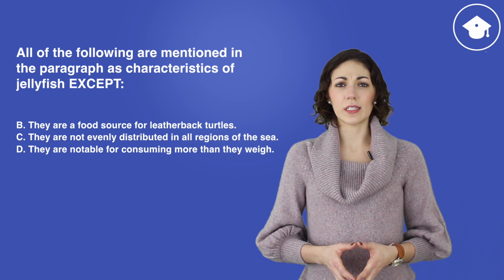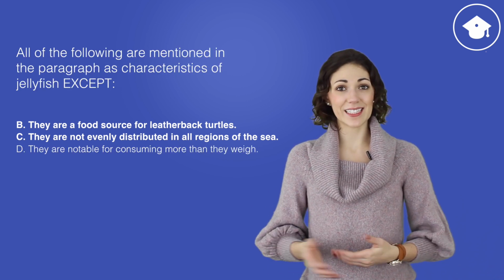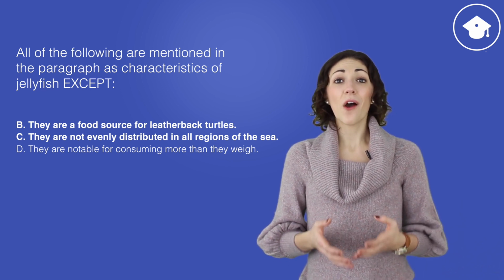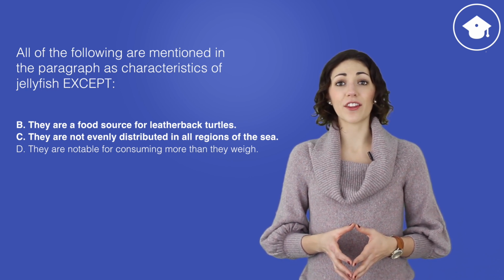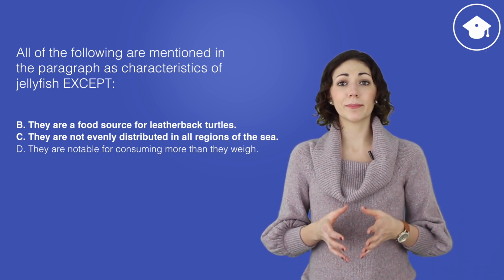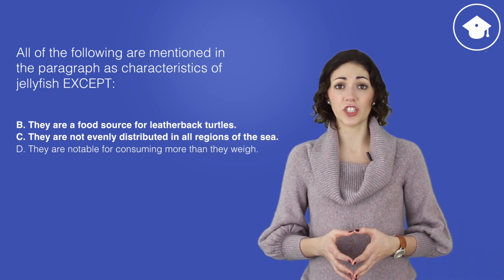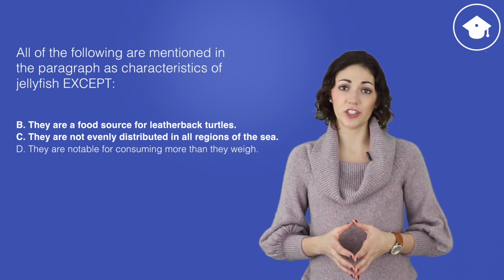Which answer choices did you eliminate? That's right, choices B and C. Choice B is mentioned when the paragraph says one of the most intriguing aspects of the foraging strategy of leatherback turtles is the almost complete reliance of such a large-bodied animal on a diet of jellyfish. That implies leatherback turtles have a diet of jellyfish.